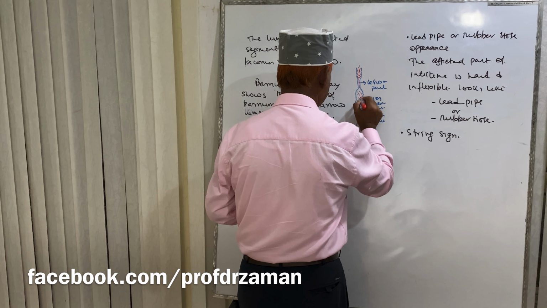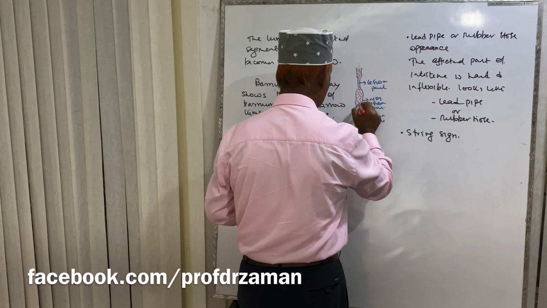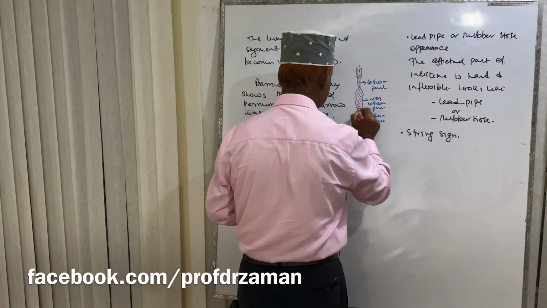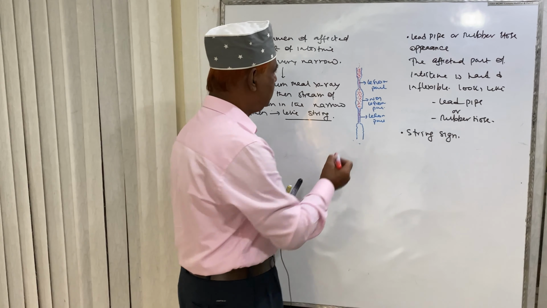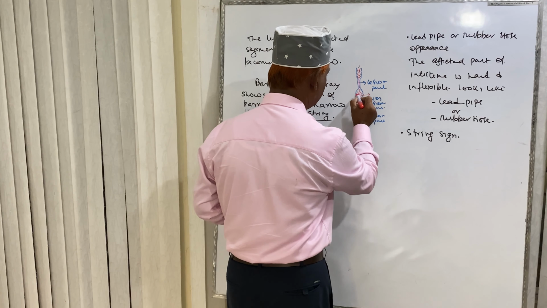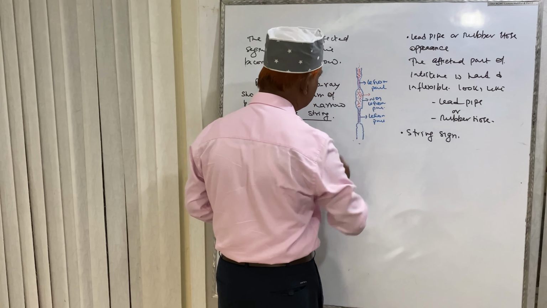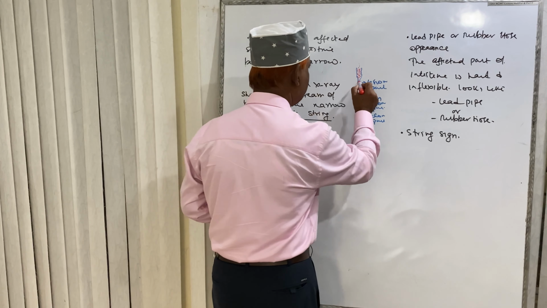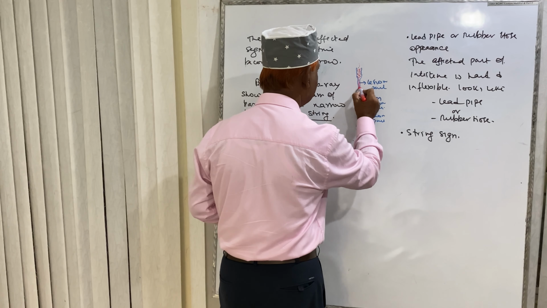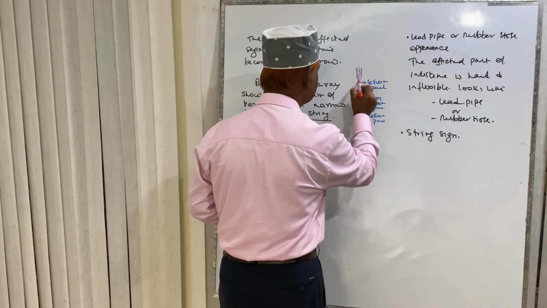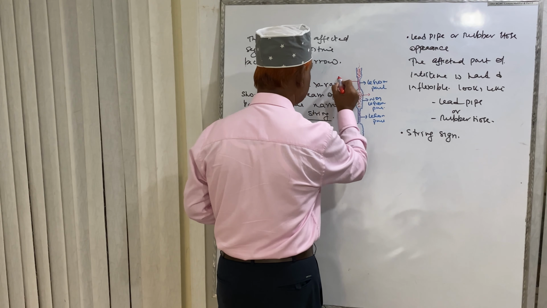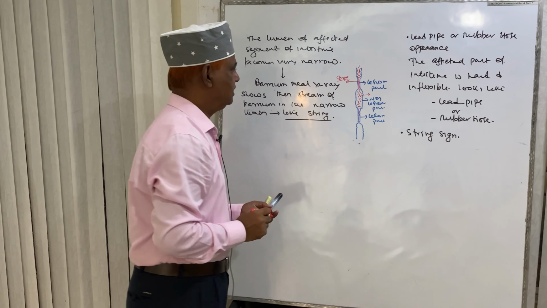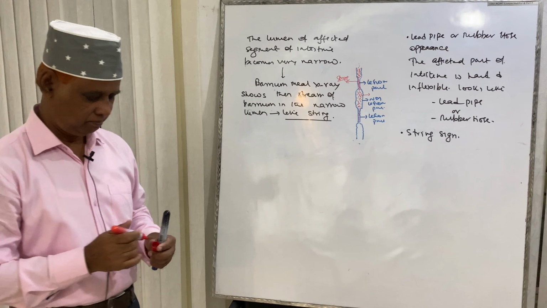In the unaffected part, the barium does not look like a string, but in the affected part, due to the narrow lumen, the barium looks like a string. This is the string sign.